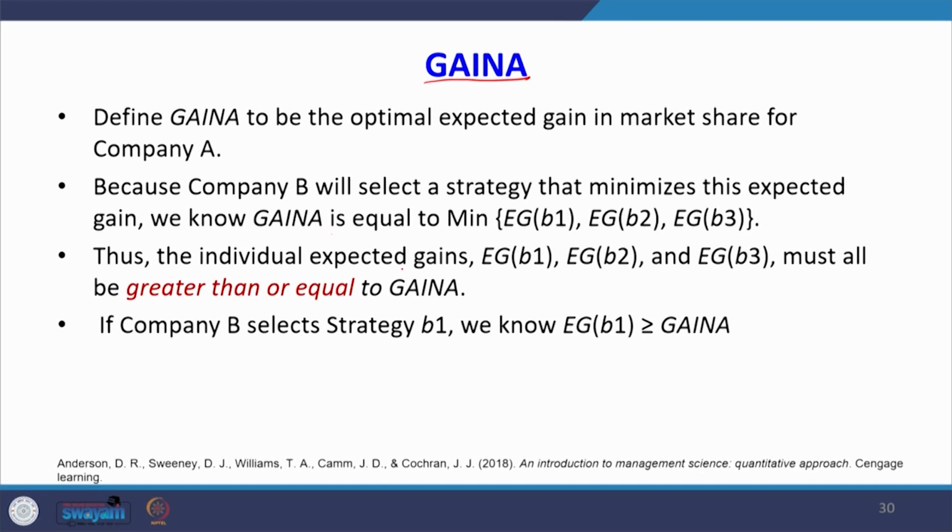Thus, the individual expected gains EGB1, EGB2, EGB3 must be greater than or equal to gain A. If company B selects B1, the expected gain for B1 should be greater than or equal to gain A.